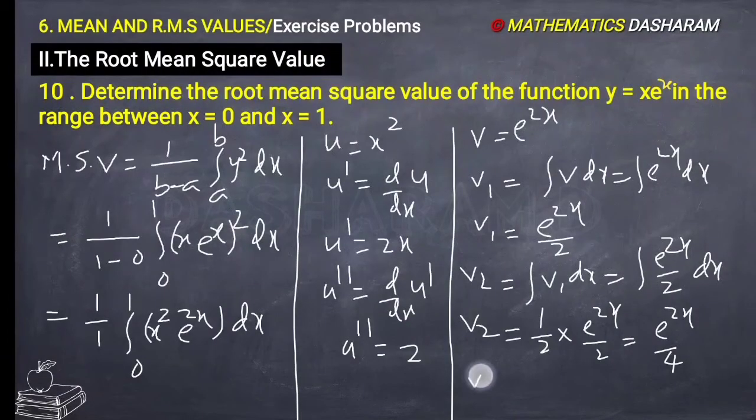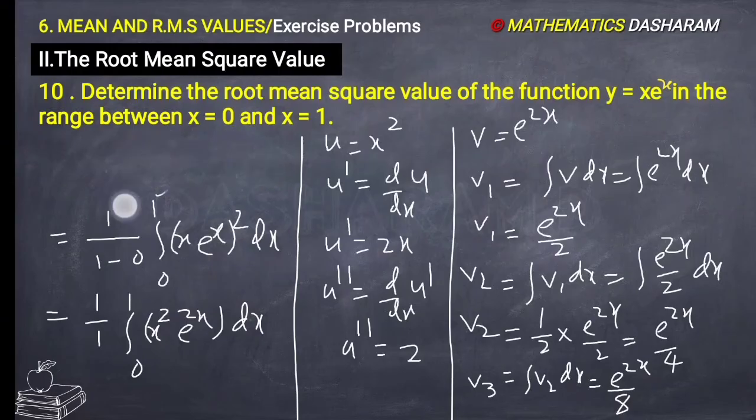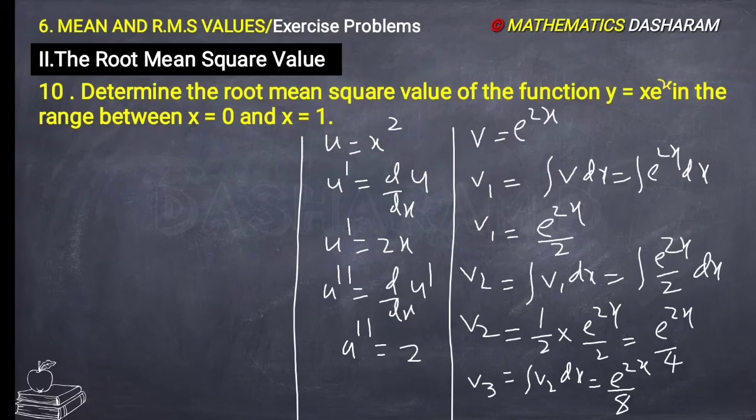Next v3 equals integration of v2 dx, so the answer is e to the power of 2x divided by 8. Now apply Bernoulli's rule. So integration u into v dx equals u into v1 minus u dash into v2 plus u double dash into v3.